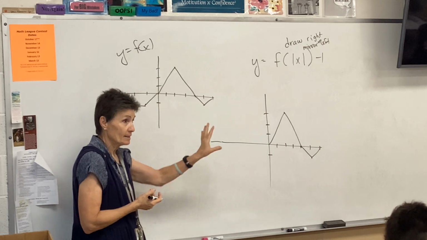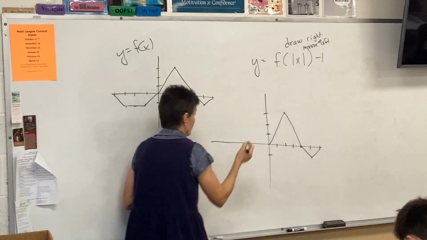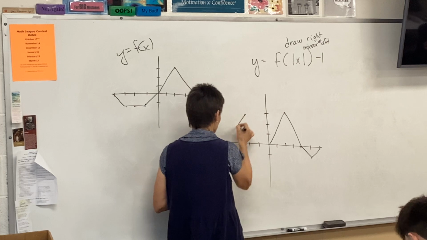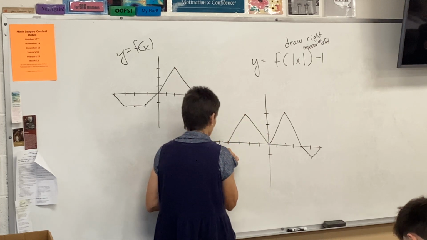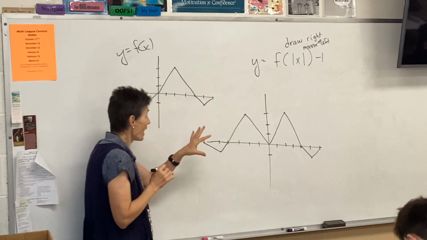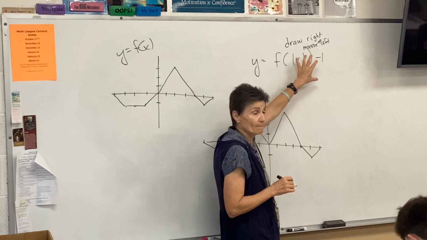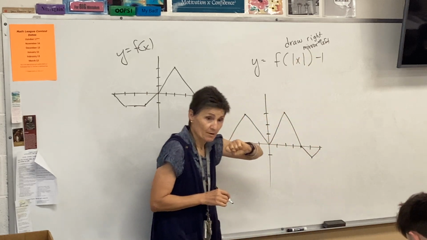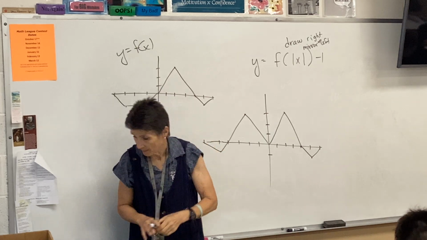Take that and mirror it onto the left. So that exact same thing over here. There it is. That's what this does. This takes what's on the right and draws it again exactly the same on the left.